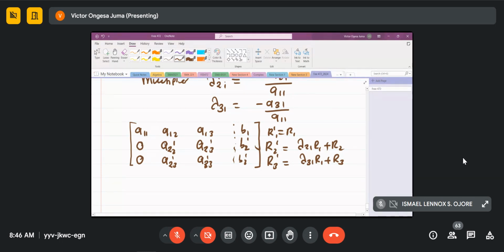So row 1 and row 2, I'm happy, right? Now the question is, what happens between row 2 and row 3? Does it meet that definition of row echelon form of a matrix? No. Correct. And it's a capital no.